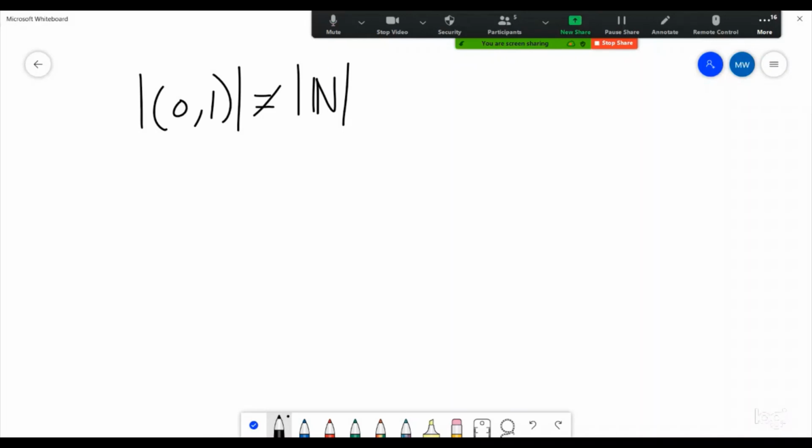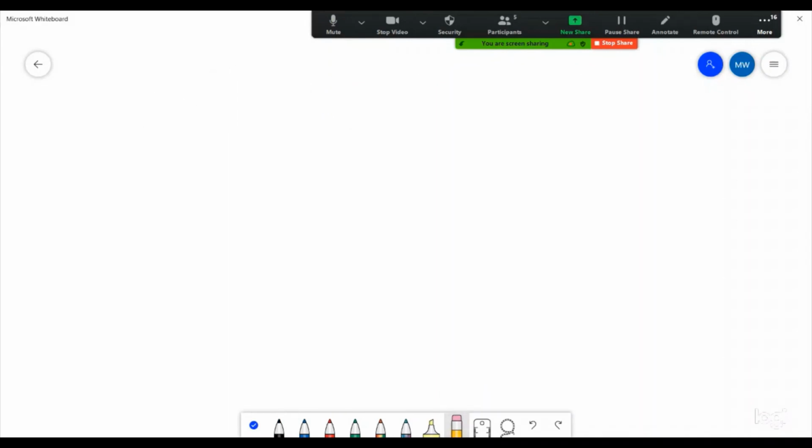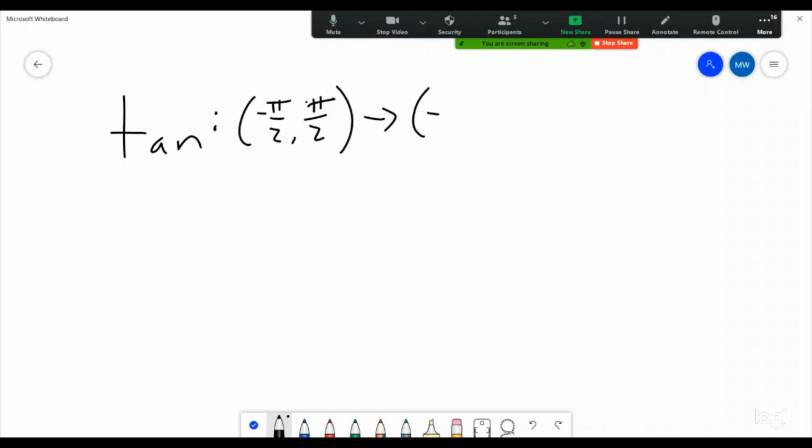Just as another way, could you also use tangent to show that it's the same cardinality as the reals? Like tangent of n pi plus pi over 2 or something like that? Yeah, so tangent is defined from negative pi halves to pi halves to the interval negative infinity to infinity.